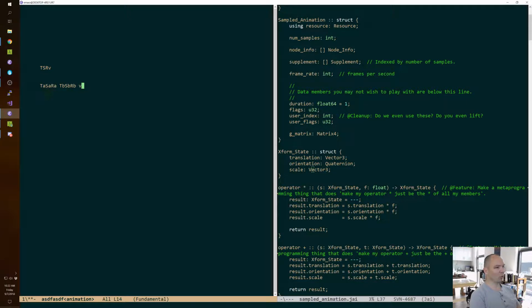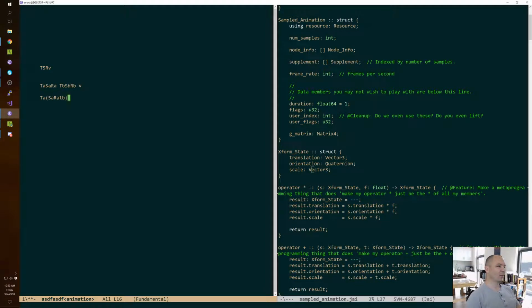It's pretty straightforward. You can watch the previous video if you don't get this step, but we go translation A times scale A, RA, and then TB just as a vector, right? Except then re-represent it as a matrix.